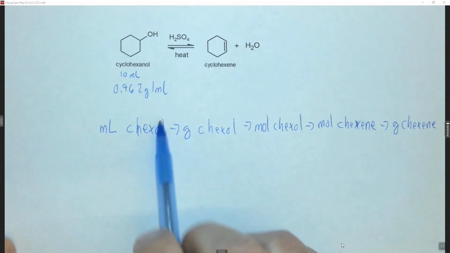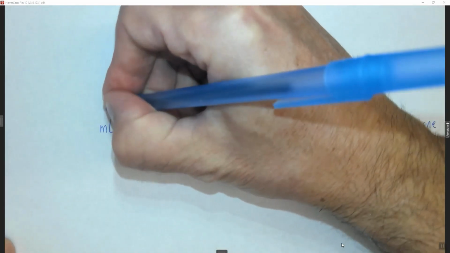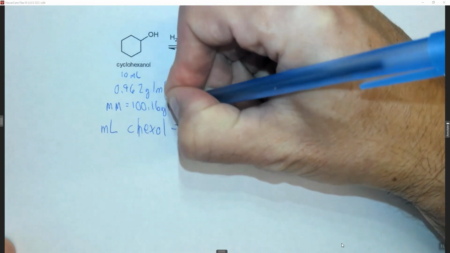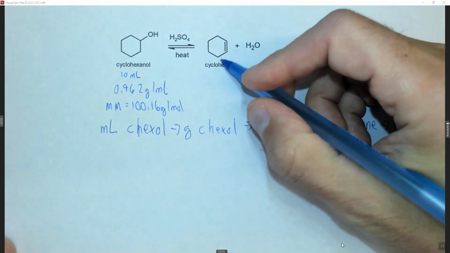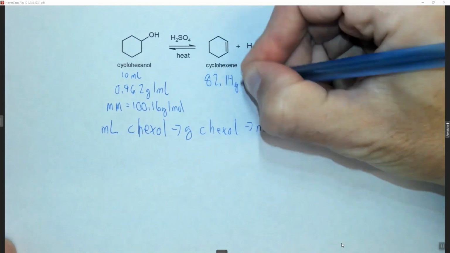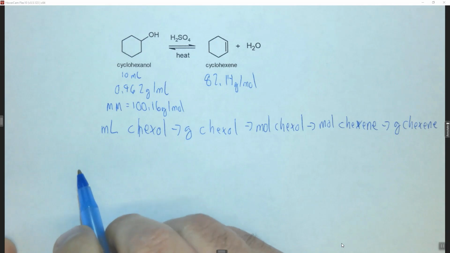In order to do this, we are going to need the molar mass, and it turns out that the molar mass of this one is 100.16 grams per mole, and the molar mass of this one is 82.14 grams per mole. So now we just have to do this conversion.